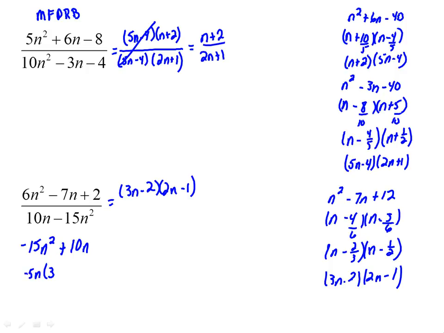So I'm going to have 3n plus 2, minus 2, sorry. So the denominator is going to be 5n times 3n minus 2. So these two are going to cancel out, and you're going to have 2n minus 1 over 5n. Negative 5? Yes.